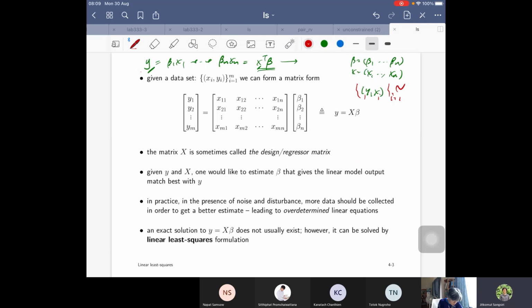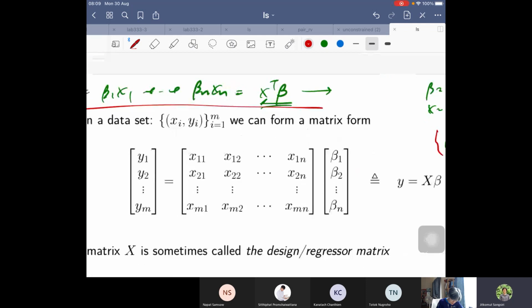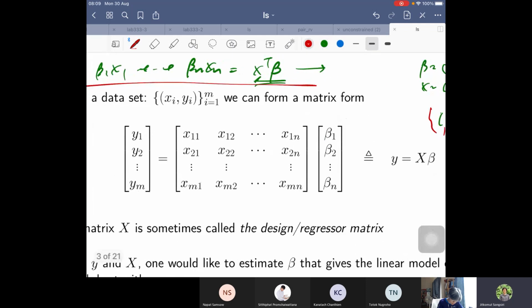So when you repeat this regression equation, you repeat it with the index i. Take a look at this equation. With the yellow color, it means that you repeat with 1, 2, 3, dot, dot, dot, until m measurements.